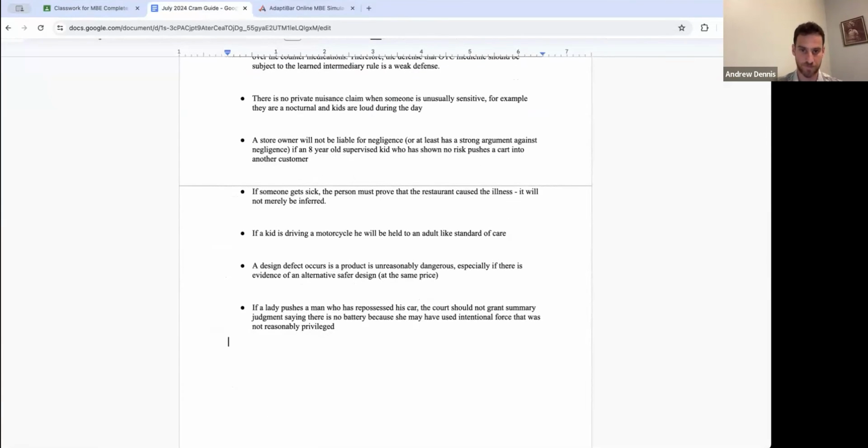So, tortious interference, aka intentional interference with a business relation, must be interference with a third party contract.